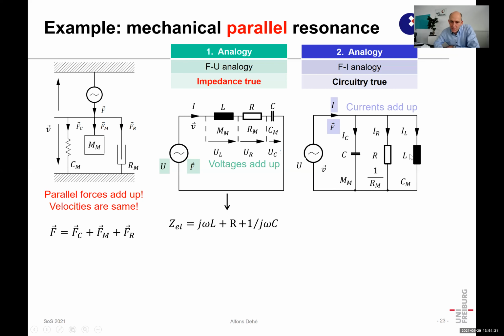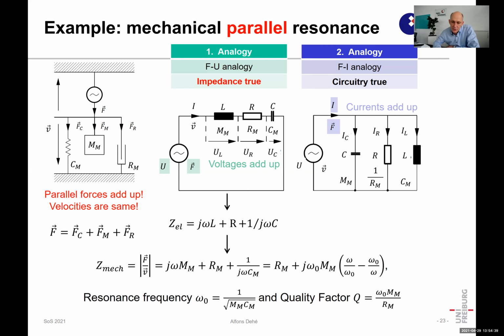But of course, if we want a simple expression of the impedance, we do it much more easily with the first analogy in this situation, and can solve from there and again find our resonance frequency and a quality factor of this resonant device, where we see that the loss elements are dominating.